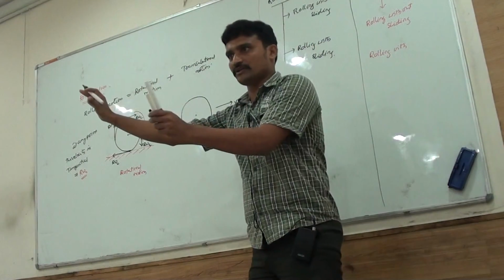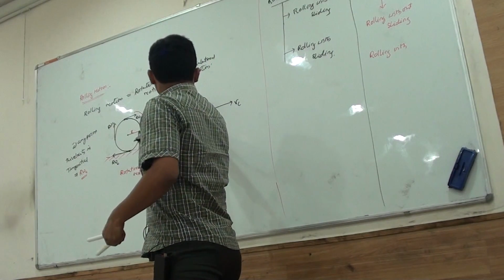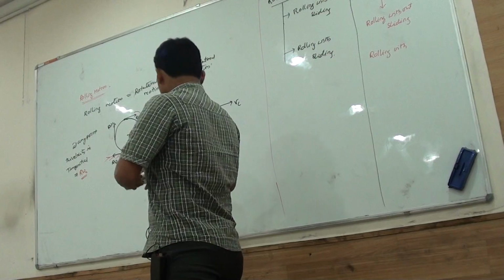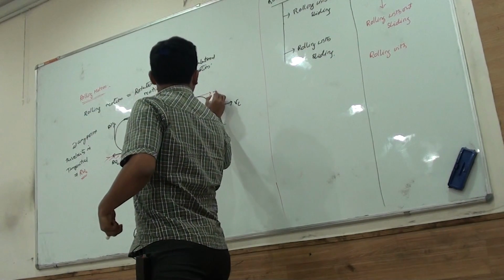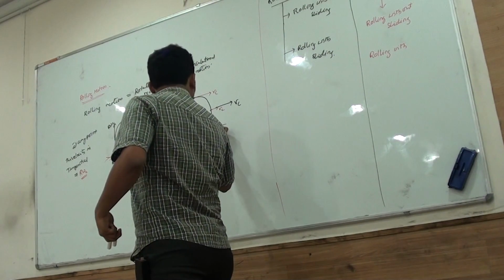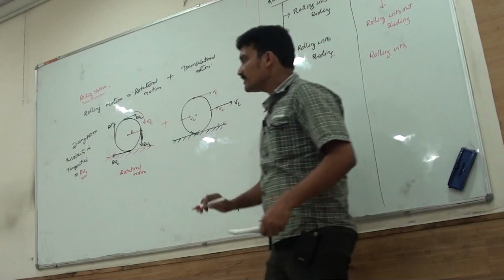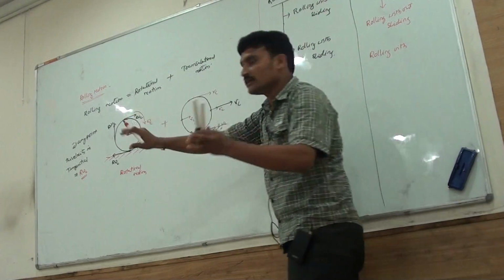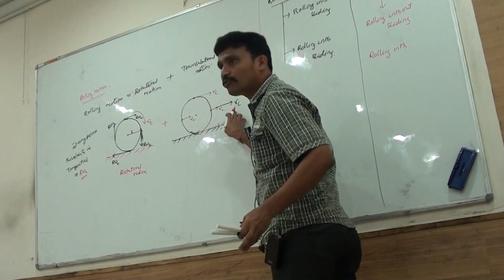Let us observe the velocity at any point. At this point the velocity is Vc, at this point Vc, at this point Vc, and at this point Vc. That means the body is moving and each particle has the same velocity, equal to the velocity of the center of mass.